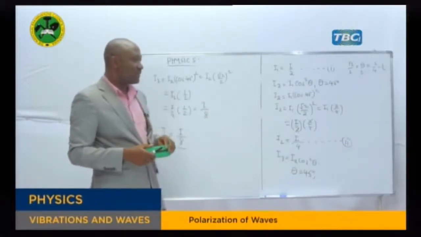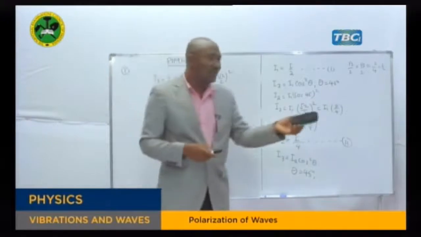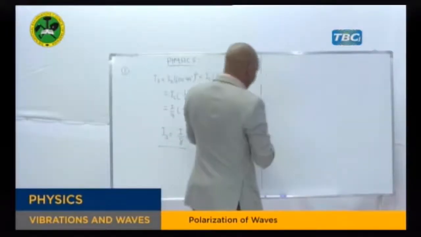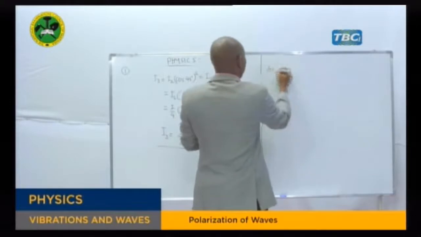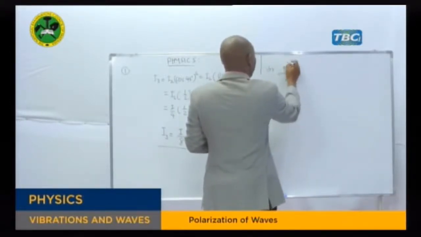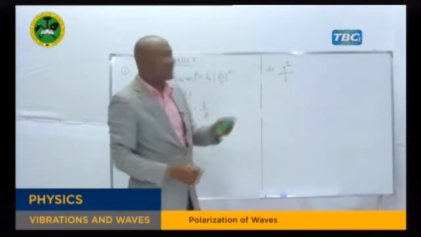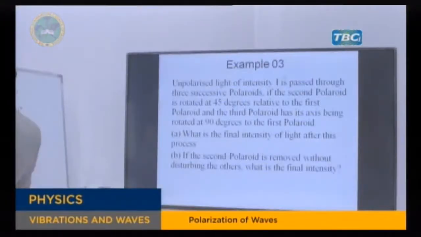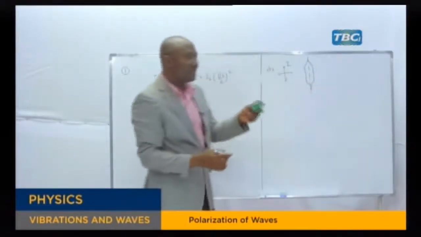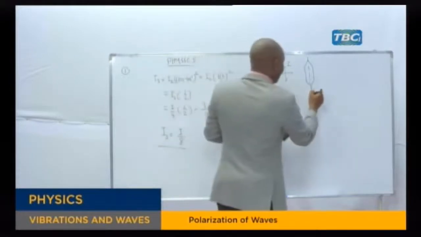Part B says: if the second polaroid is removed, let's draw our original diagram from before. In the first arrangement, we had I as unpolarized light, and the first polaroid here is vertical, and then the second polaroid was at 45.